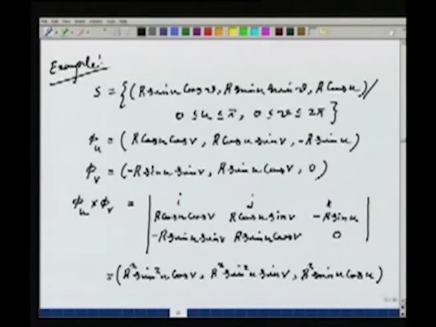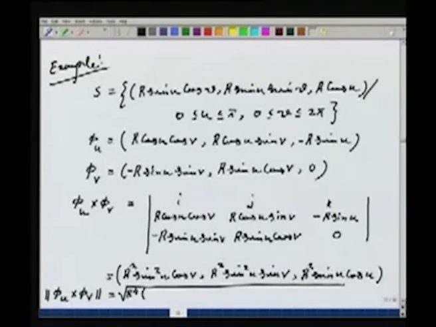Now I have to calculate the norm of this vector, that is the sum of the squares of this, and then I have to take the square root. Now once I do this, so norm of phi u cross phi v, if I look at, what do I get? So this is then equals to square root of, I first get r to the power 4, because everything is getting squared up.